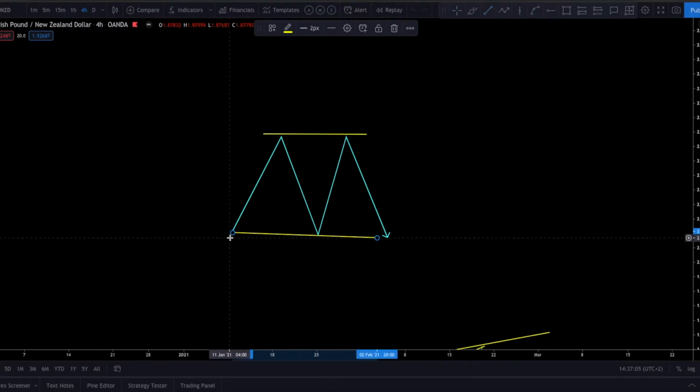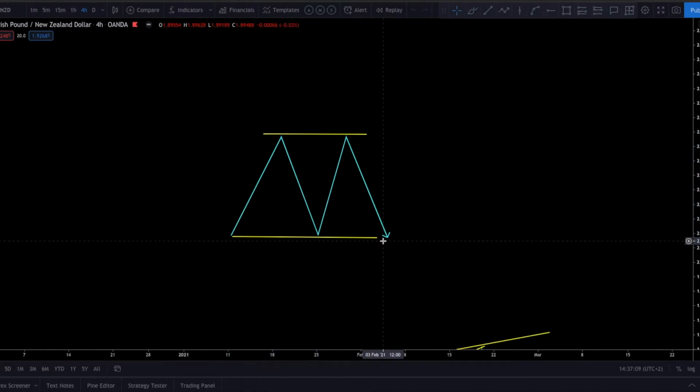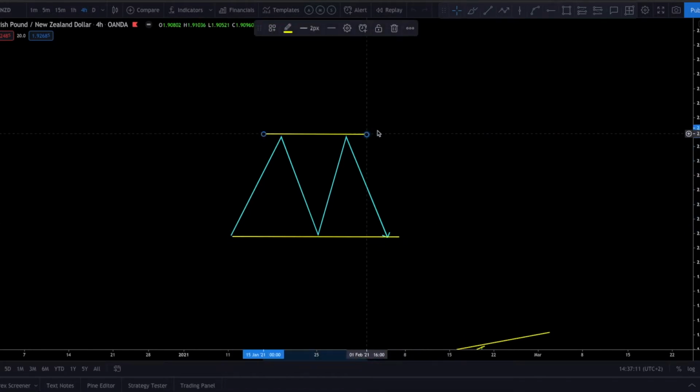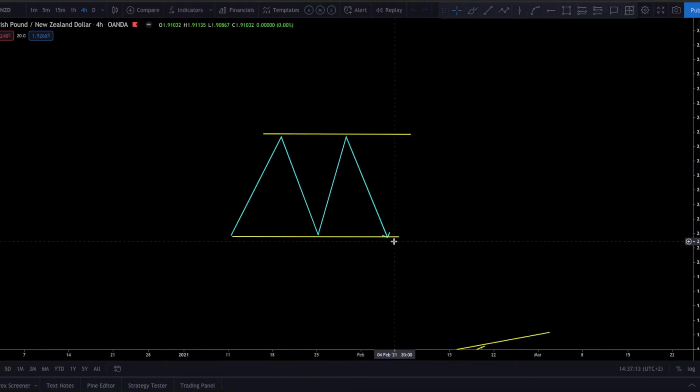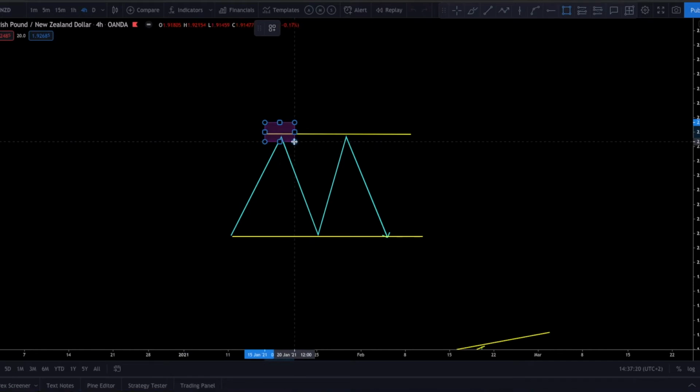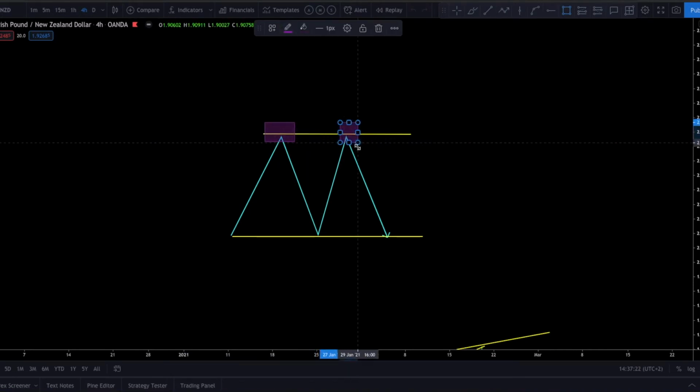It's not that accurate, but it's something like this, right? So you already know that every time it hits these trend lines, it changes direction, right?